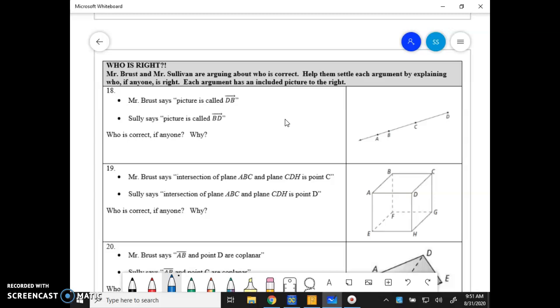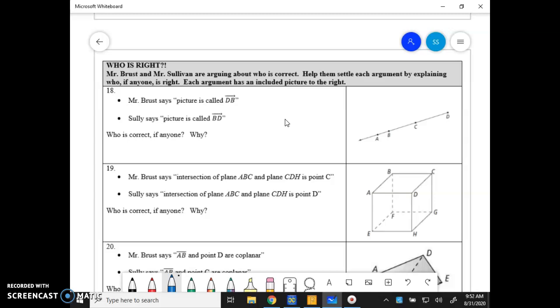All right, let's see. So Mr. Brust is saying the picture is called, looks like, ray DB, and Sully is saying, no, it's got to be BD. Who is correct here? Well, let's look at this. Mr. Brust is saying it's ray DB and the arrows go in this direction.